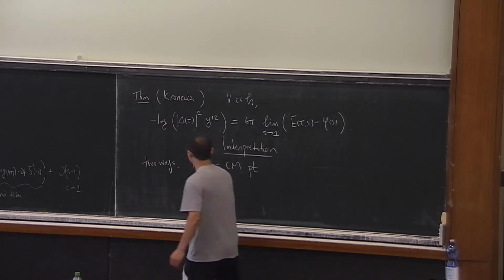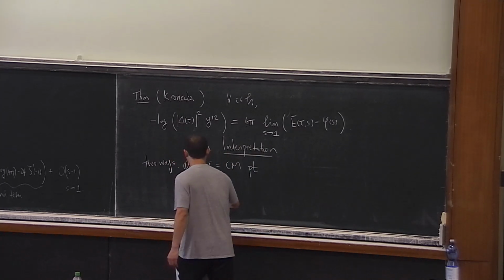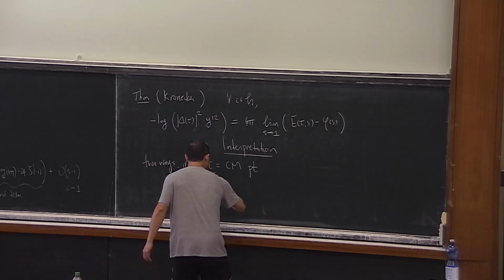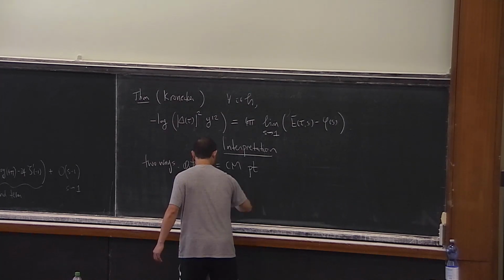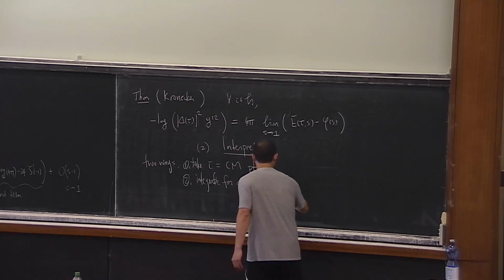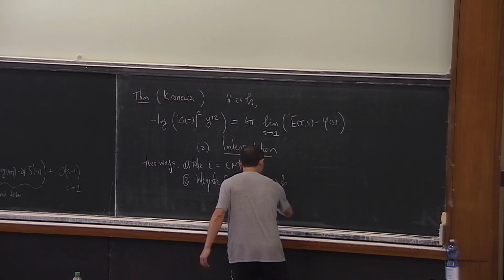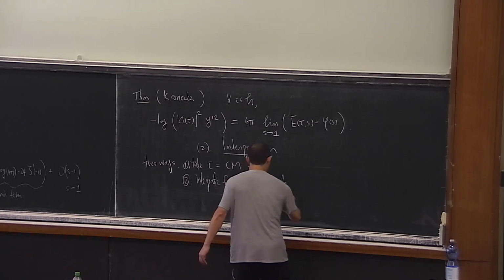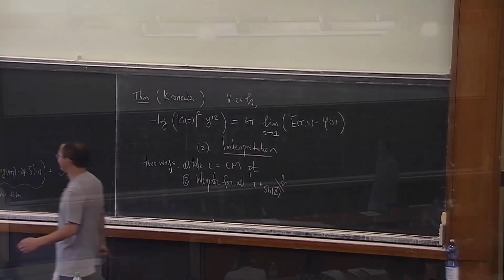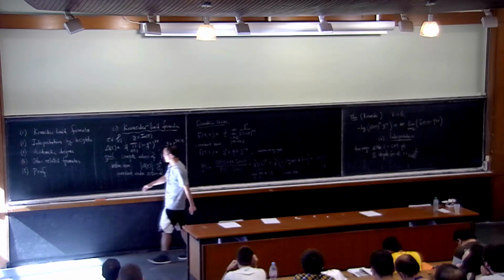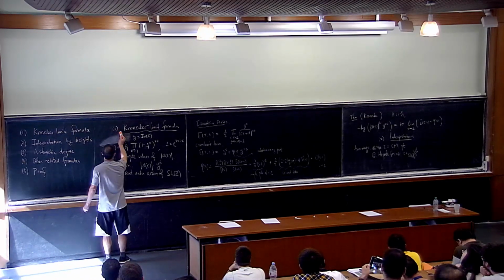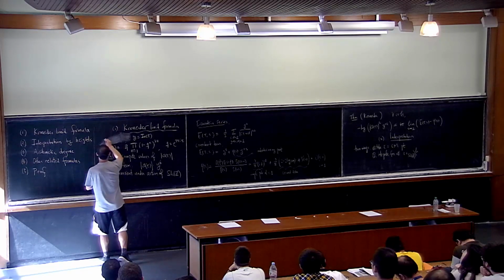Now the second way is to integrate for all tau in the upper half plane modulo SL2Z. So each will give us a formula. Now, to introduce the two formulas, I'm going to introduce the Hodge bundle. Oh, I can use the other board.